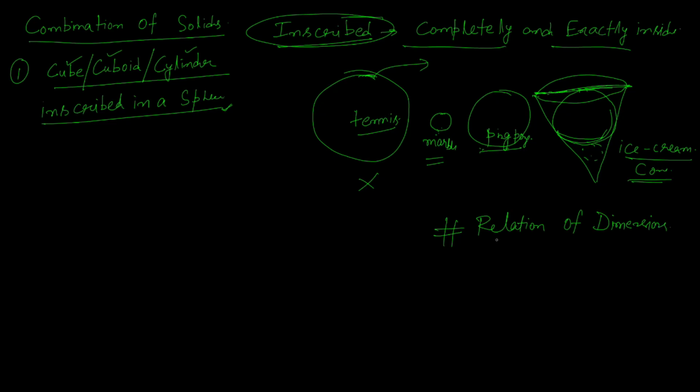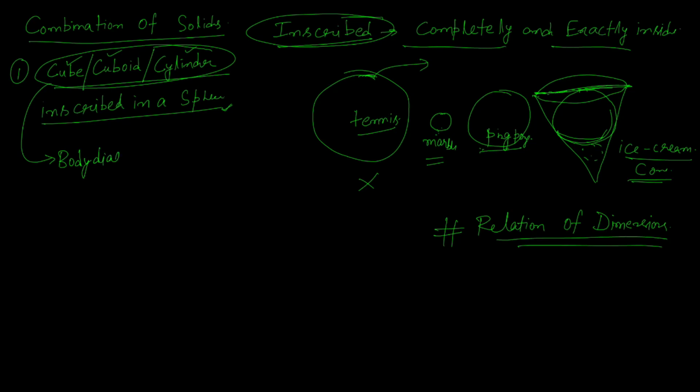Okay, this is very important. Now what you have to remember is the body diagonal of any of them, of that cube, cuboid or cylinder, should be equal to the diameter of the sphere.